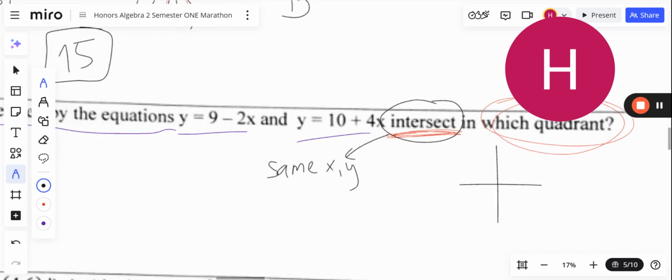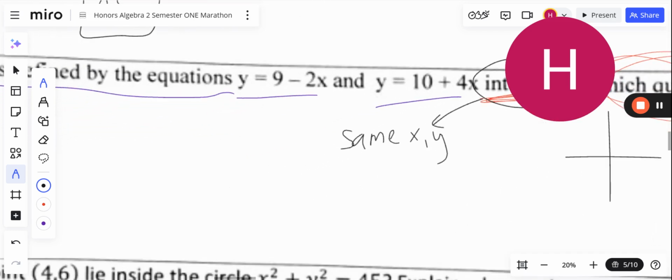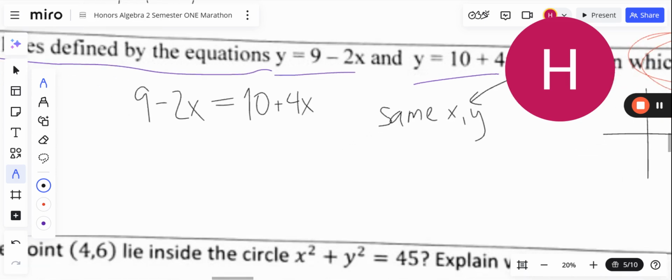So their x's are equal and their y's are equal. It's really useful that their y's are equal because we have the equation of the y, 9 minus 2x, must equal the equation of the y, 10 plus 4x. And here we see that we can really easily isolate this. Just add 2x, subtract the 10, and we have minus 1 equals 6x, so x equals negative 1 over 6.